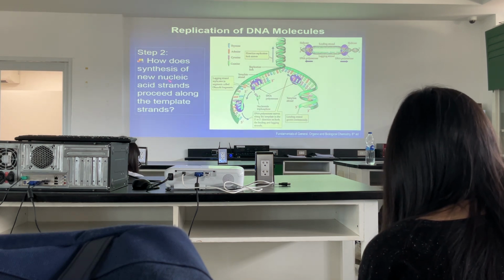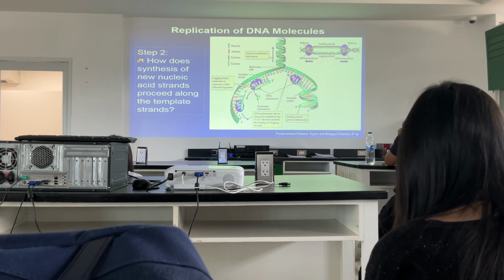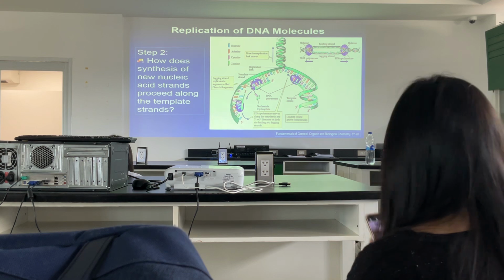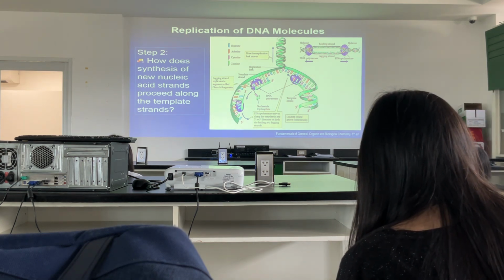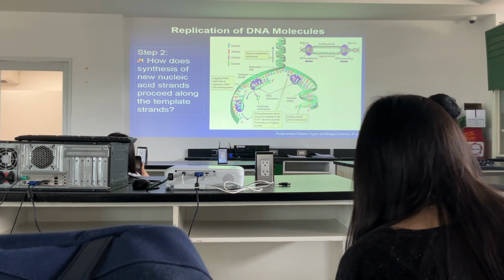So how does synthesis of new nucleic acid strands proceed along the template strand? The DNA polymerase will read the code found on the template strand. What is the code? The bases. Because, as we said, formation of a new strand will depend on the bases found on the template strand.